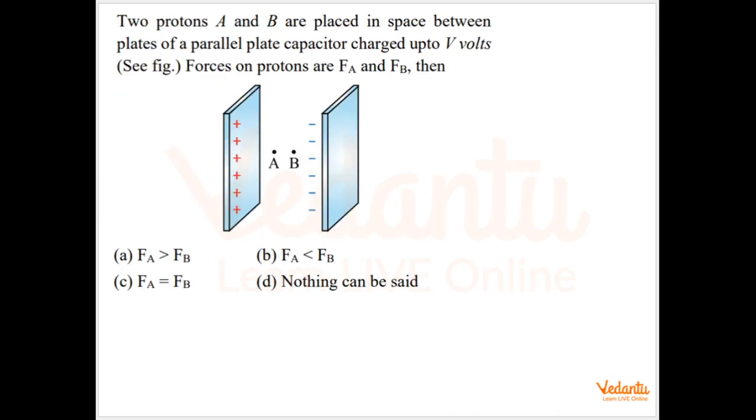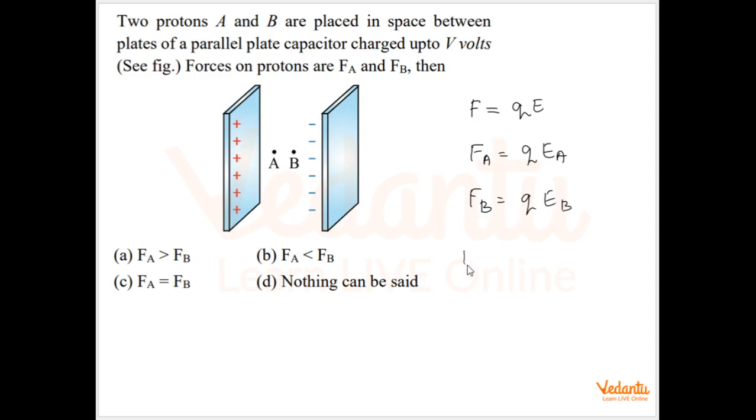In this question, there are two protons between the plates of a capacitor. Now, we have to talk about the forces on the two protons. Please remember that force on a proton is going to be given by the formula Q into E. Now, force on the first proton will be equal to Q into EA, and force on the second proton will be equal to Q into EB.